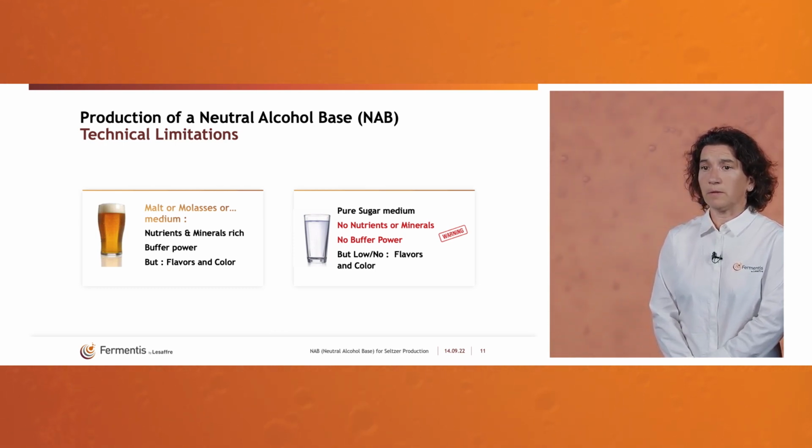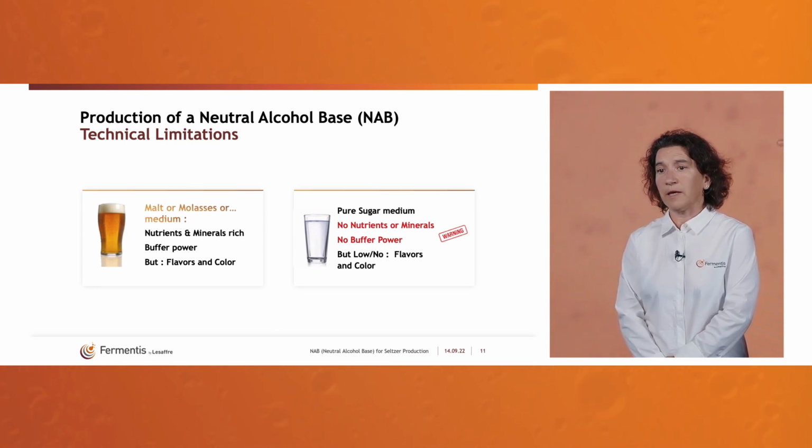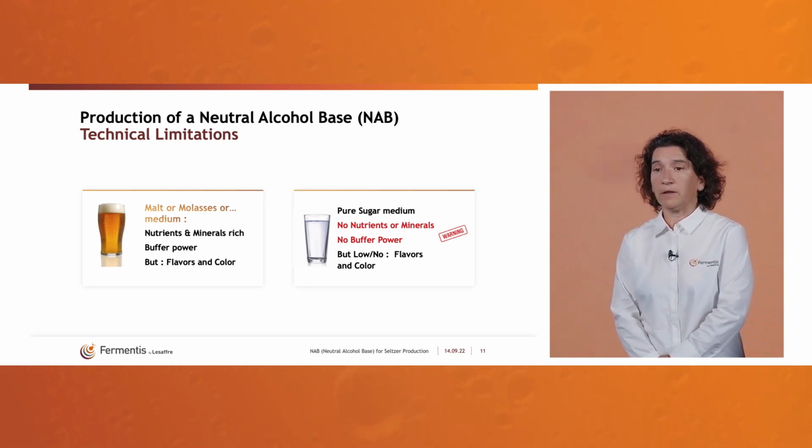If you use a pure sugar medium, this medium will not contain nutrients, no minerals, and it has no buffer power. But the product you can obtain will be low in flavors and without color.